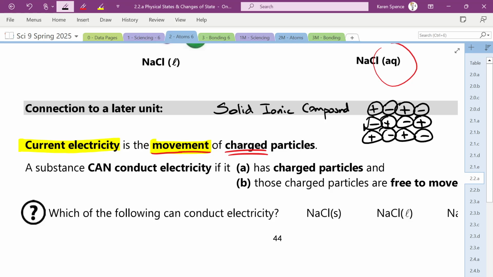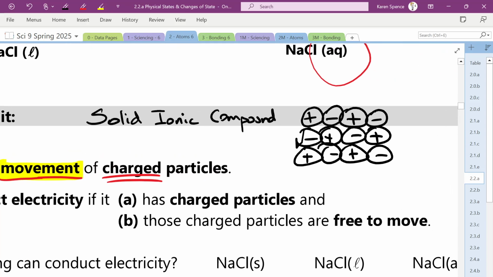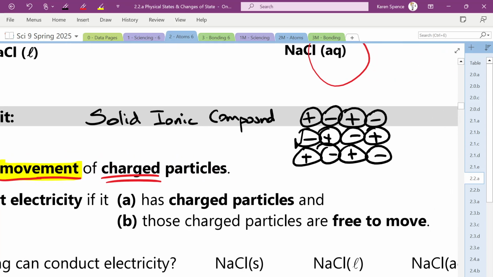Now, let's remind ourselves. Current electricity is the movement of charged particles. You need charged particles that can move. Does copper sulfate have charged particles? Yes.